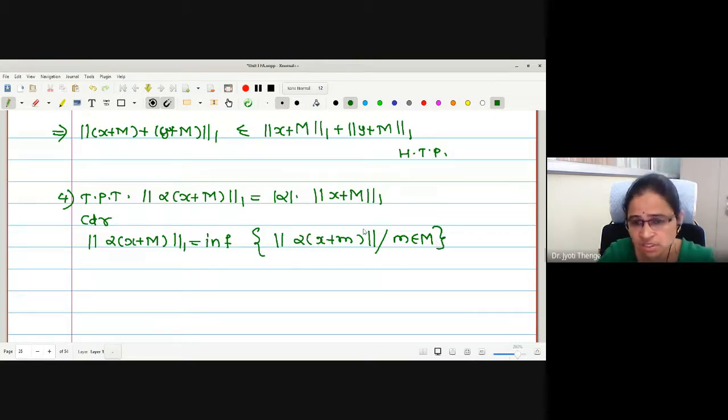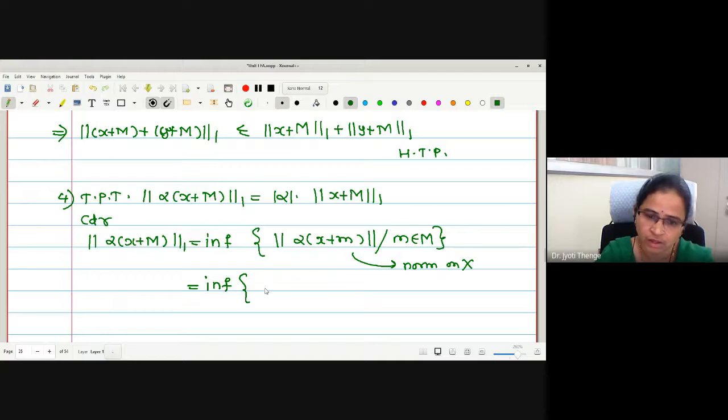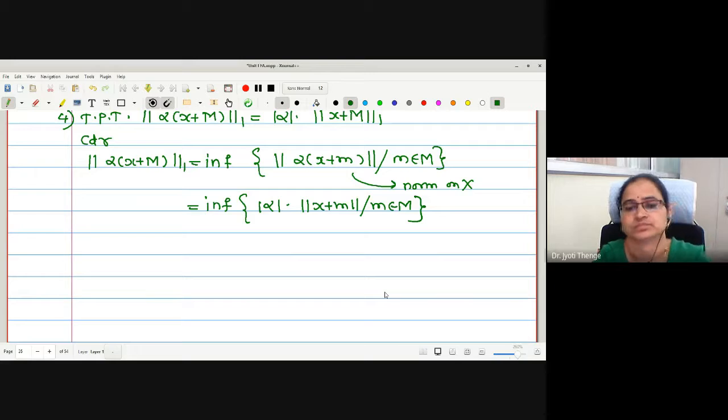Okay, now this is the norm acting on x. So can I use the fourth property? May I write this as mod alpha into norm of x plus m. Right now? Yes, ma'am.